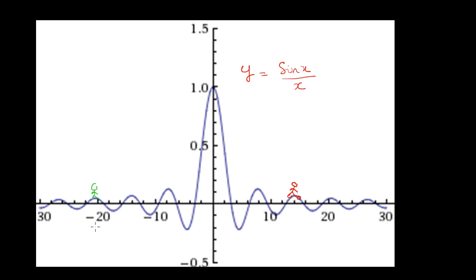Now as this man goes in this direction, as x is becoming close to 0, our person runs along this graph in this direction. He reaches here, he reaches here, then he starts climbing, now he reaches here. As x is approaching 0, he is approaching 1.